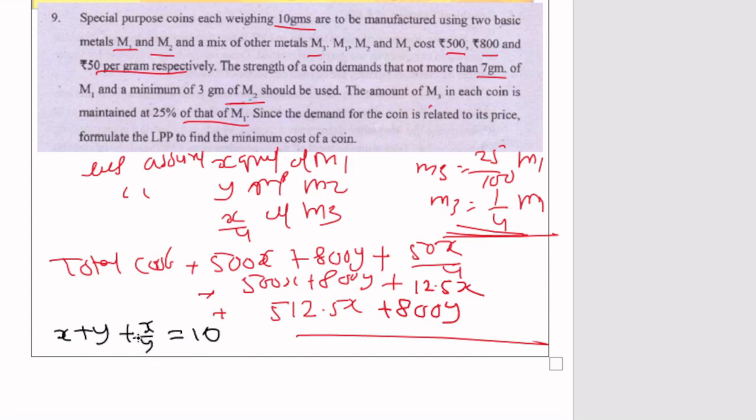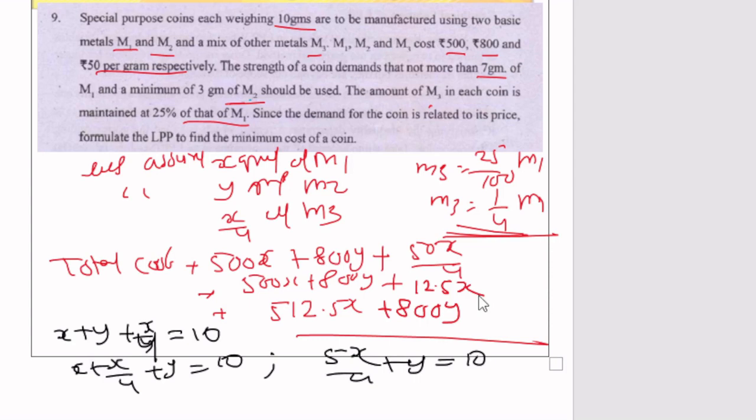After solving, I will write this together: x plus x by 4 plus y is equal to 10. So it will be 4x plus x, 5x, divided by 4, plus y is equal to 10. So here this is the equation.